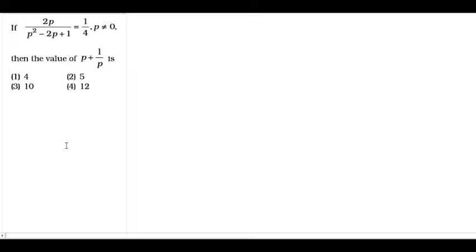If 2p by p square minus 2p plus 1 is equal to 1 by 4, then what is the value of p plus 1 by p? We can actually reciprocate the equation on both sides and try it actually. So it becomes p square minus 2p plus 1 by 2p equal to 4.